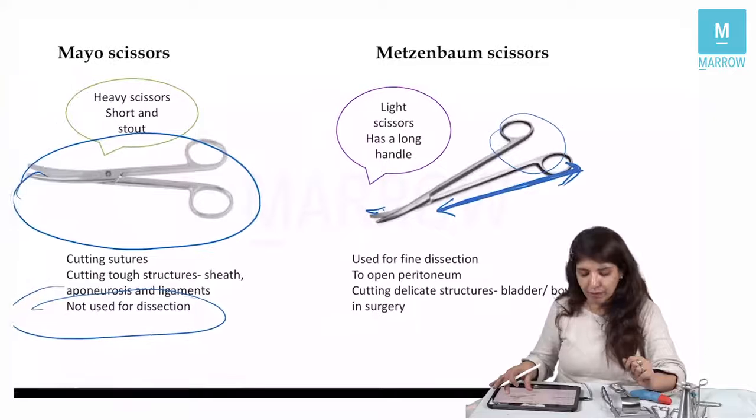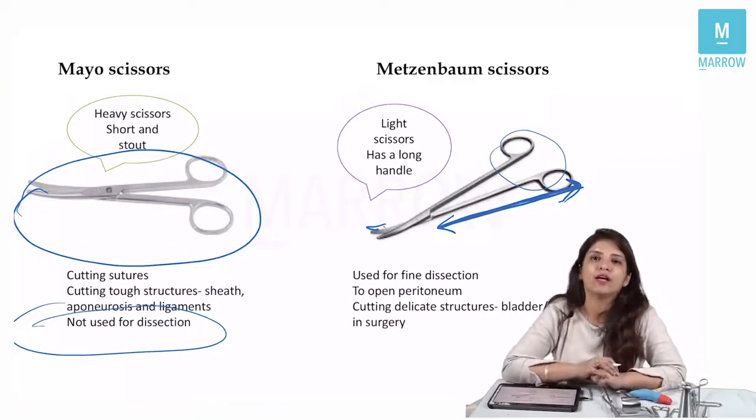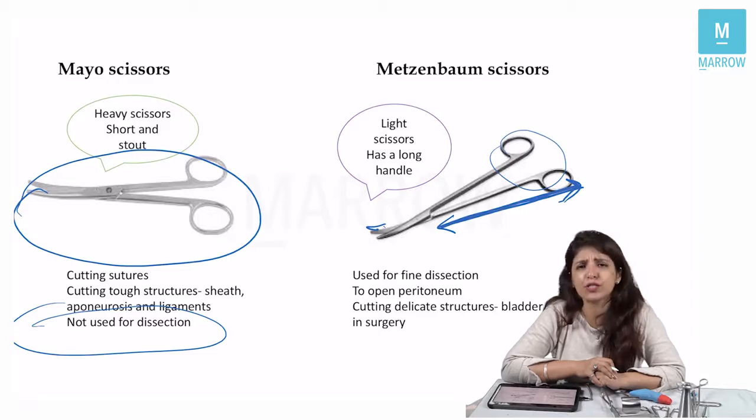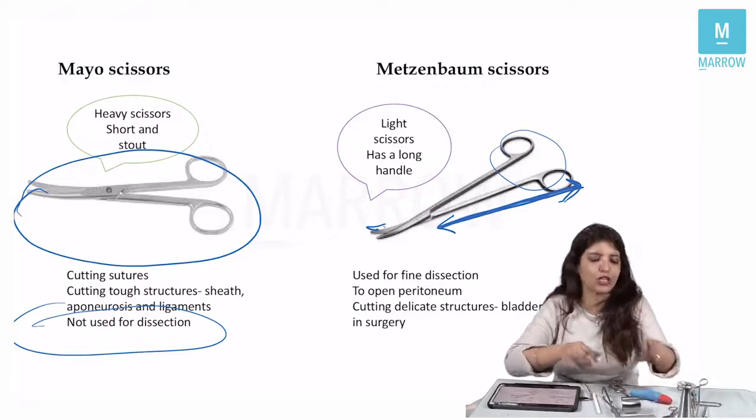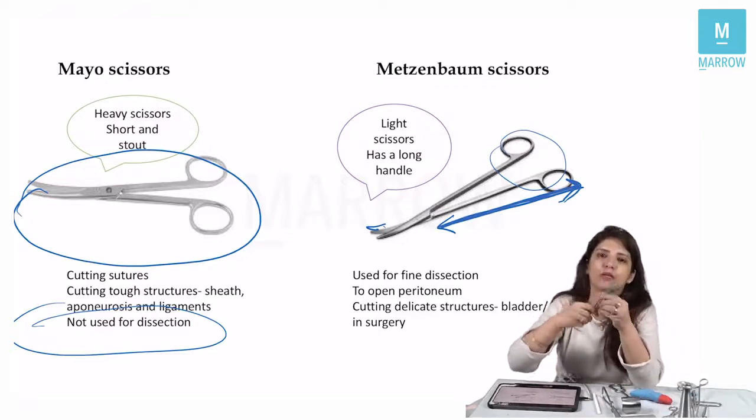Now the examiner might ask you that between Mayo and Metzenbaum scissors, tell me, which scissor are you going to use for episiotomy? The cleverest answer would be that, sir, I'm not going to use any of these scissors for episiotomy. I am going to use the episiotomy scissors to give episiotomy.